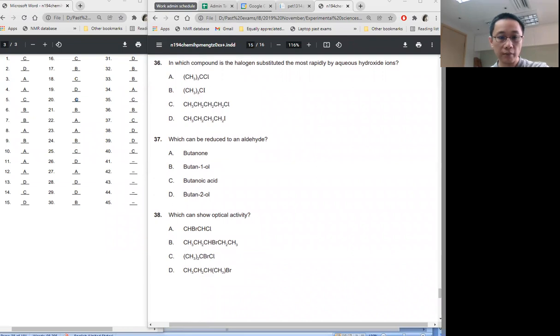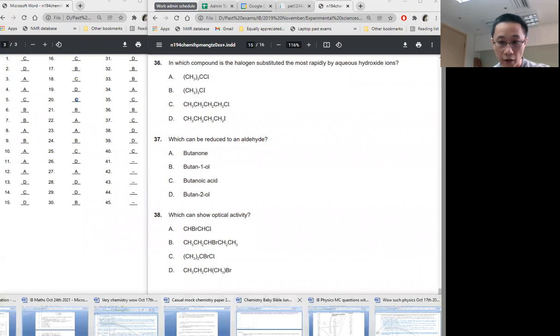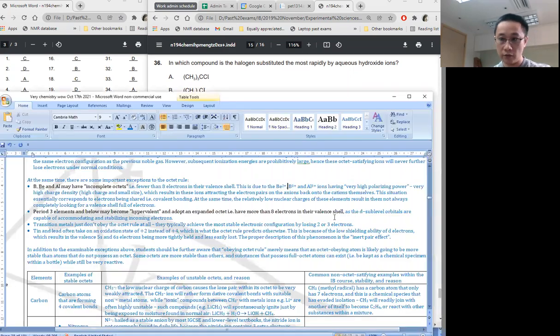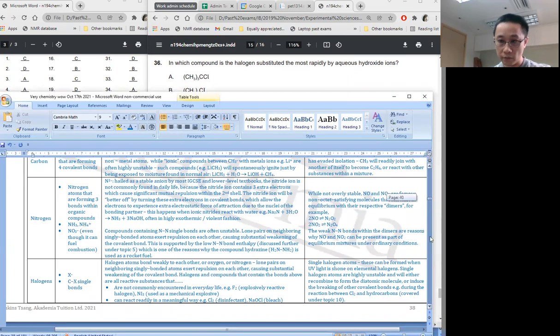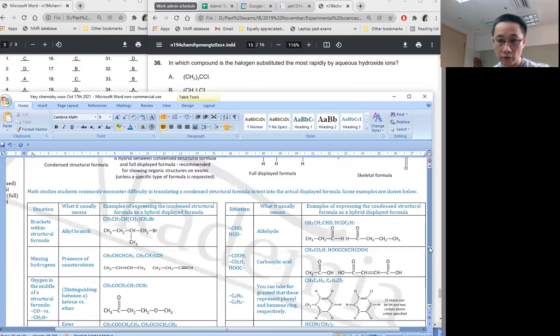The next one asks about oxidation-reduction reactions involving oxygenated organic compounds. I'll just show you my notes. The redox pathways involving alcohols, aldehydes, and carboxylic acids are as such.